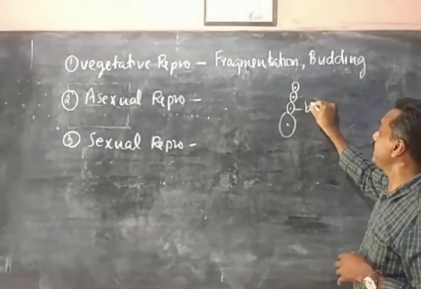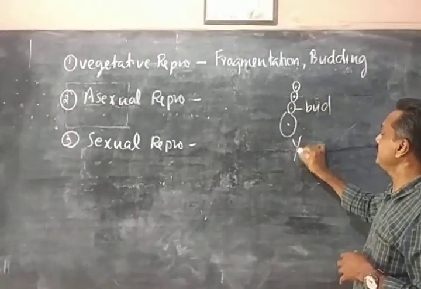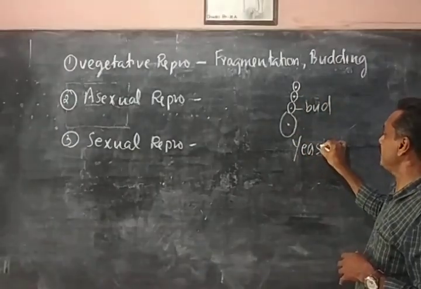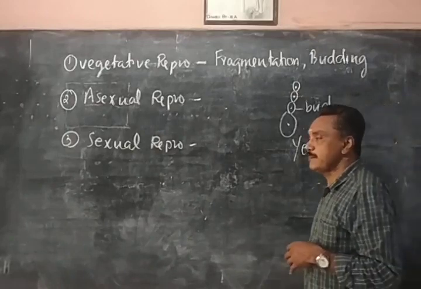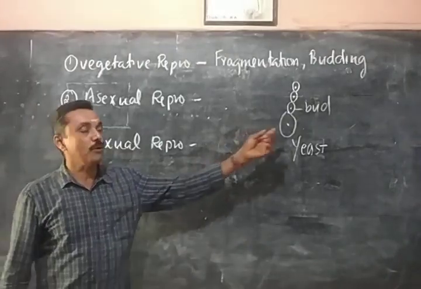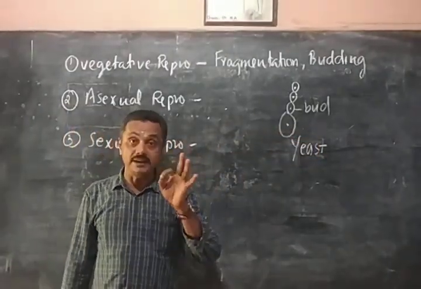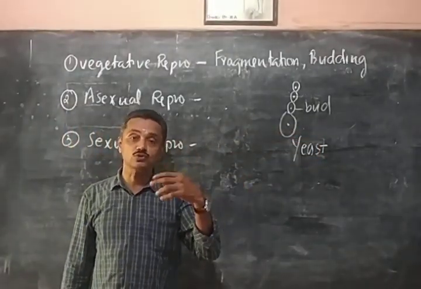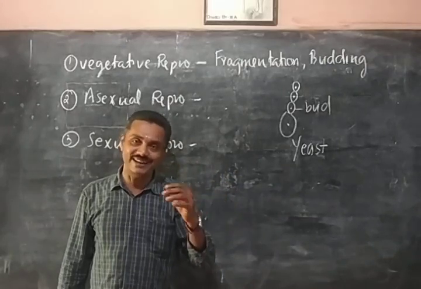A small bud is produced, for example in the yeast cell. Yeast is a unicellular fungus, and it reproduces simply by formation of a small bud-like structure. That formation of a bud is called budding. In plants also there is a process called budding, along with grafting, but that is different.